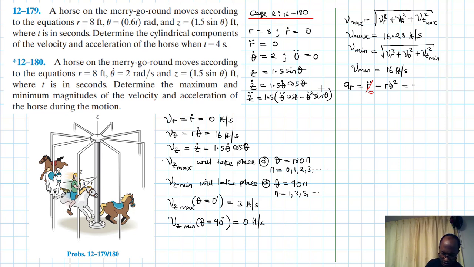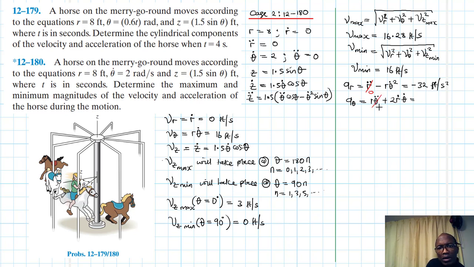That is 2 squared by 8, and we get minus 32 feet per second squared. And then we have A theta, which is equal to R theta double dot plus 2 R dot theta dot.